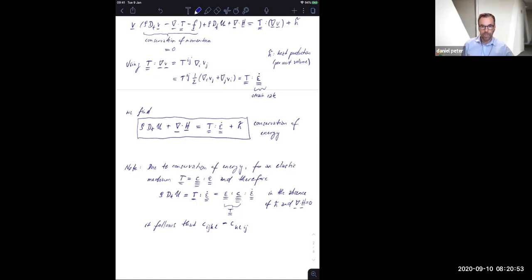We will see that when we look at the conservation of angular momentum, there's an additional symmetry imposed on the elastic tensor C. So that is the reason why the elastic tensor shrinks down from 81 free parameters down to 21.